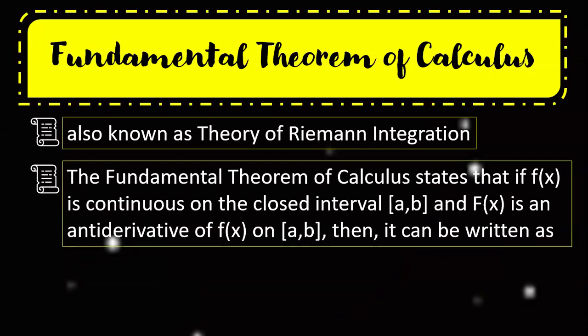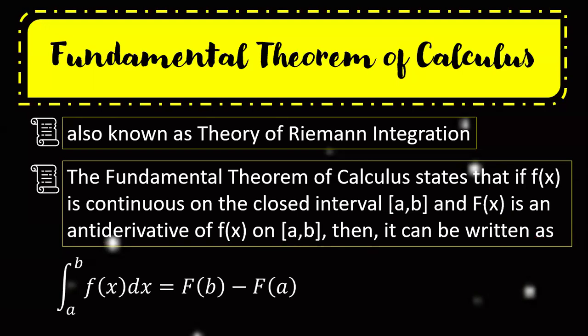The fundamental theorem of calculus states that if the function is continuous on the closed interval a and b, and capital F of x is an antiderivative of the original function f of x between a and b, then it can be written as the integral from a to b.